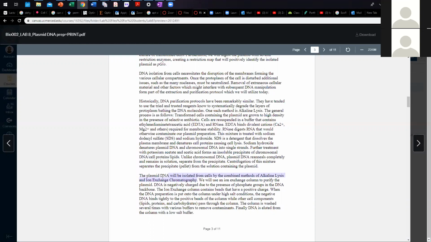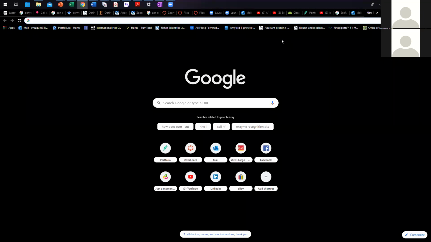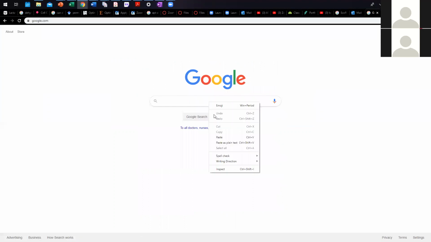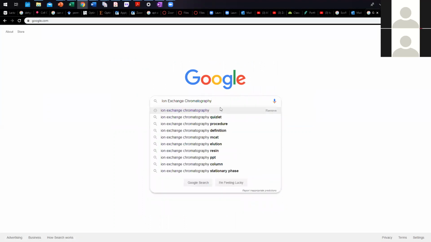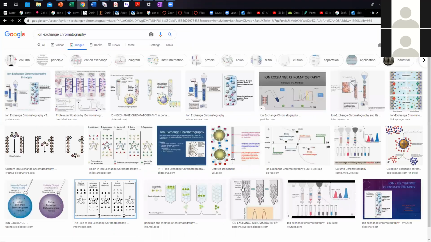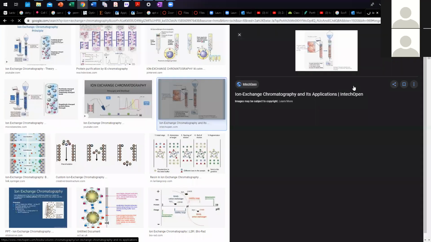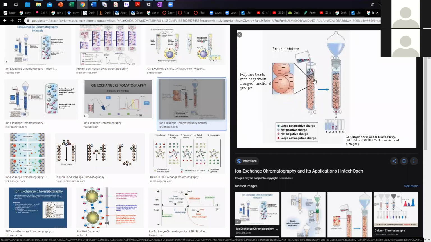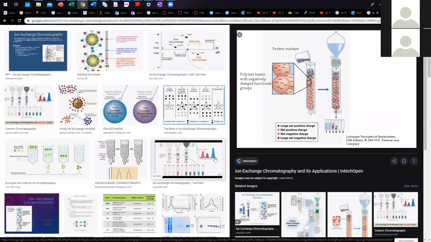Ion exchange chromatography. What this is, I'll pull up an image. This is essentially just columns.